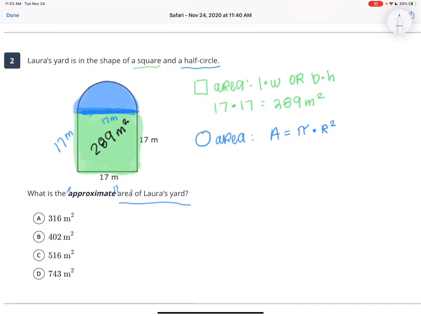What did we say? 17 meters would be the diameter of the circle. You guys may have to reference back to that last video to discuss the relationship between a diameter and a radius. So how can I find the length of the radius? We should know that pi, the universal estimation of pi, is 3.14. So how would I find the radius? I'll give you guys some time to think about that.